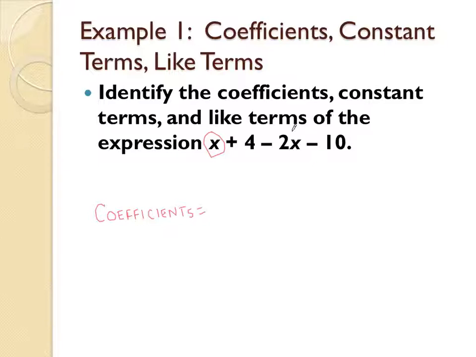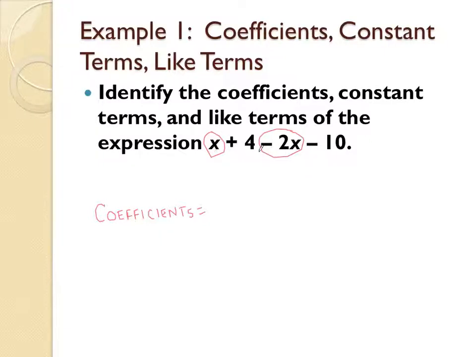The one thing I do want to point out is notice that I'm circling the subtraction sign in front. All right, and I know we have all told our students that subtraction sign, negative sign, opposite sign, they all do the same thing mathematically.